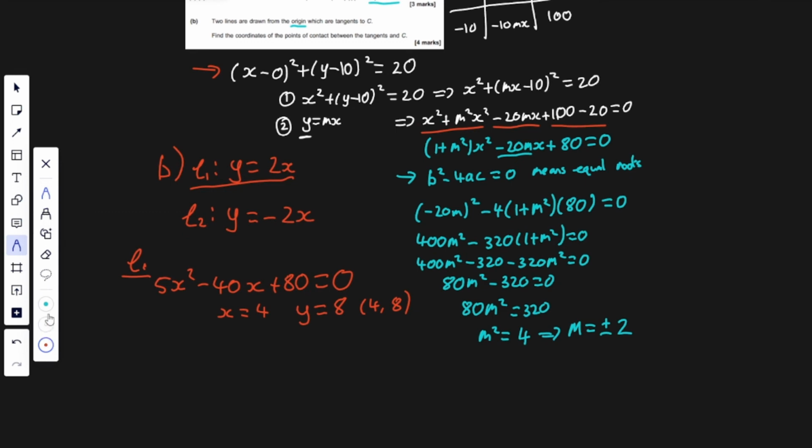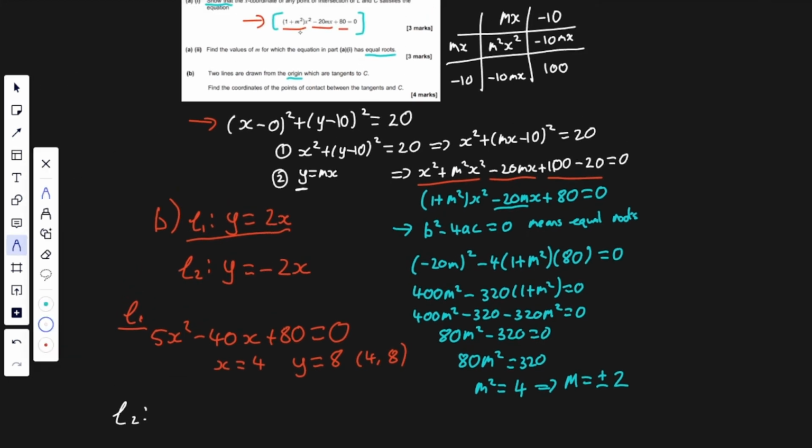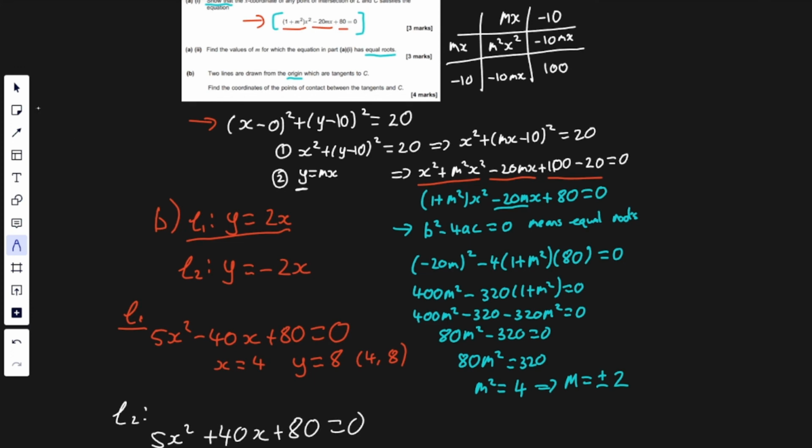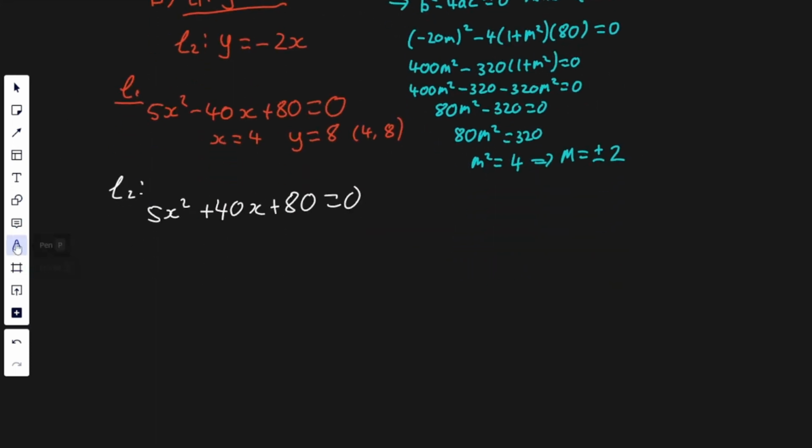And then let's do line 2. So this time we're going to do 1 plus minus 2 squared, which is still 5. Minus 20 times minus 2, which is plus 40x, and 80 stays the same. Then we can try solve this in our calculator. All we're changing is just to plus 40.